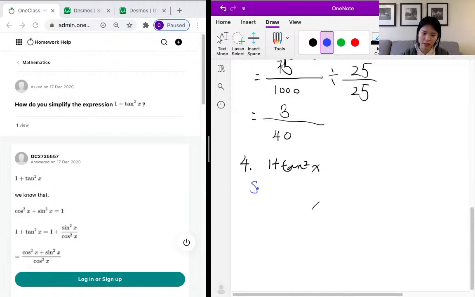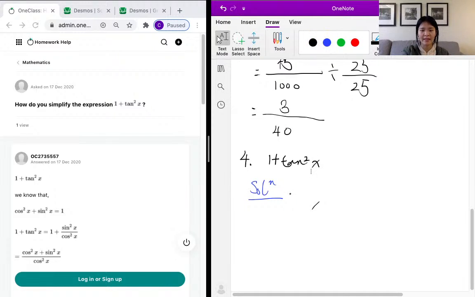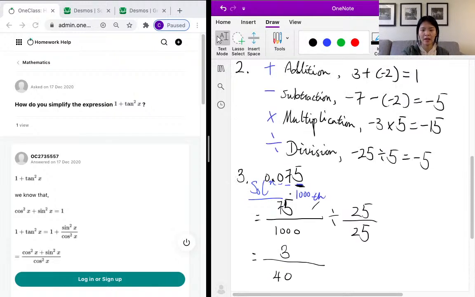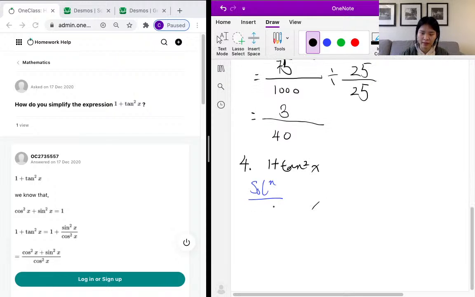The first way is actually really simple, because 1 plus tan squared x is already a really common identity, and it is one of the more common trigonometric Pythagorean identities.